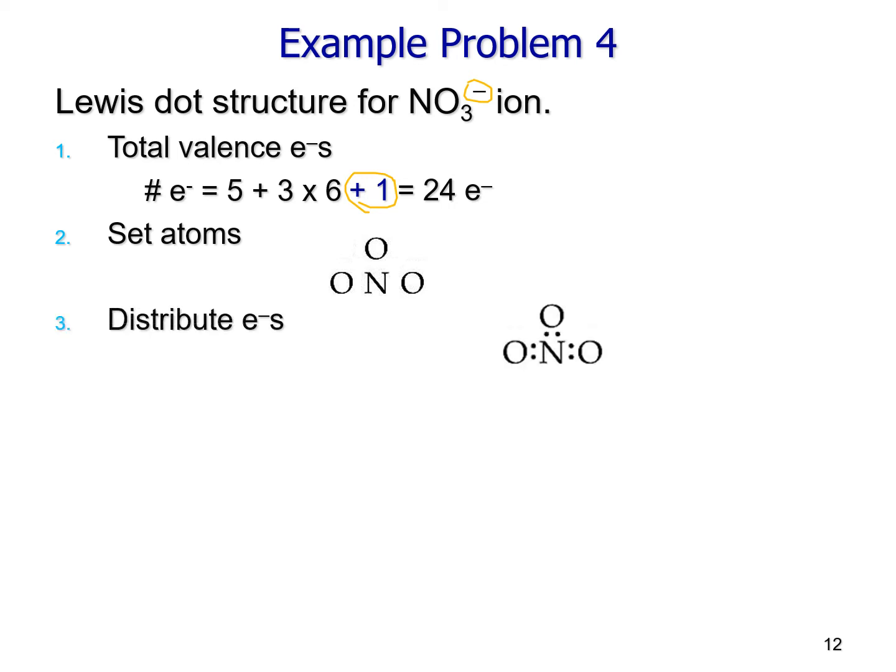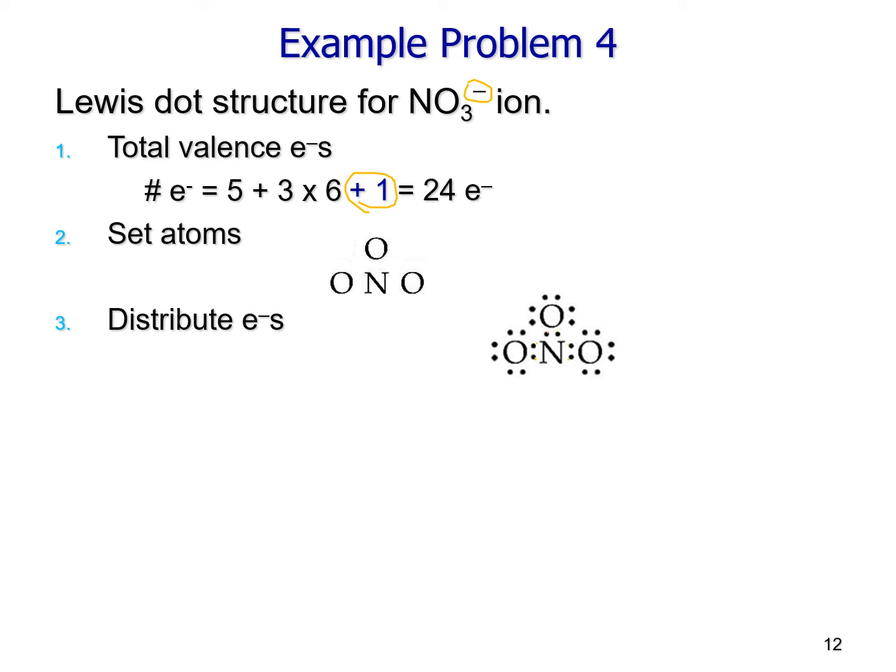As we distribute electrons, single bond all around for all pairs of bonding atoms. Each oxygen will gain 6 more electrons so that every oxygen atom will have an octet. That's it for the total of 24 electrons. Again, nitrogen is a pair of electrons short because nitrogen has 6 dots around: 1, 2, 3, 4, 5, 6.